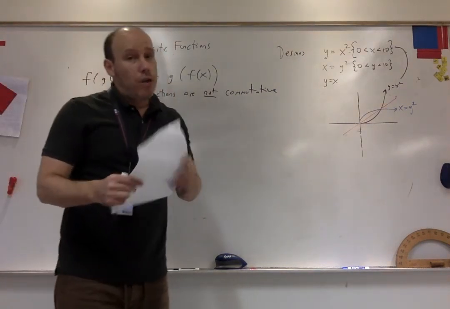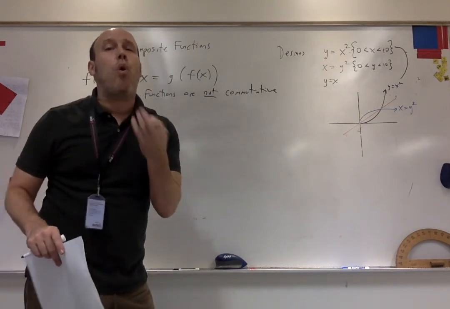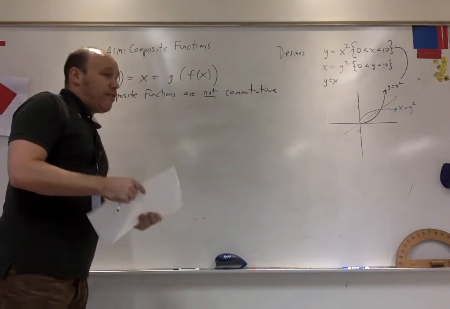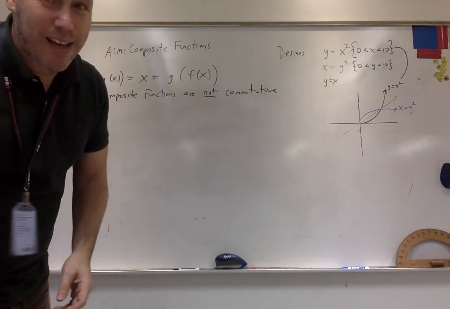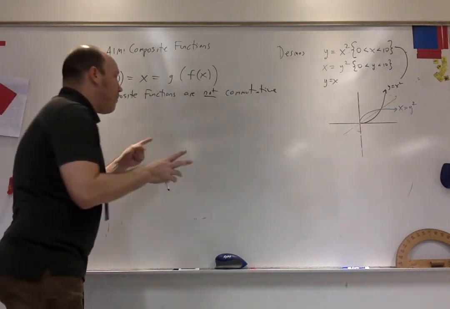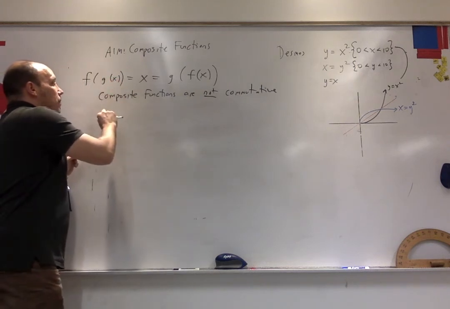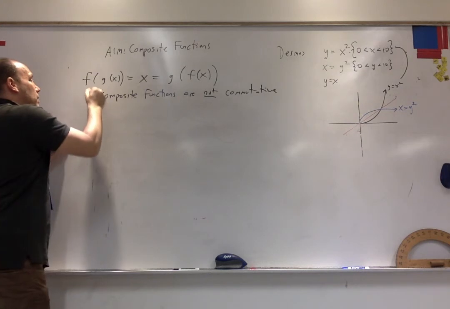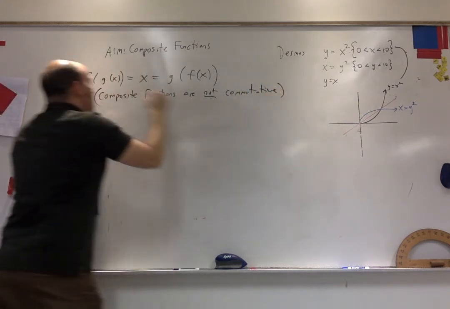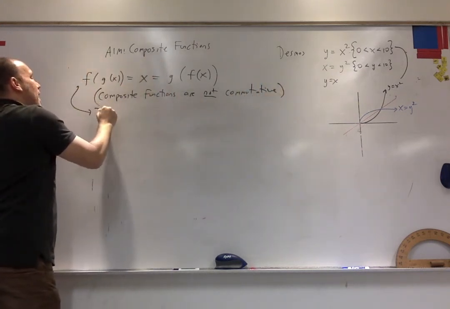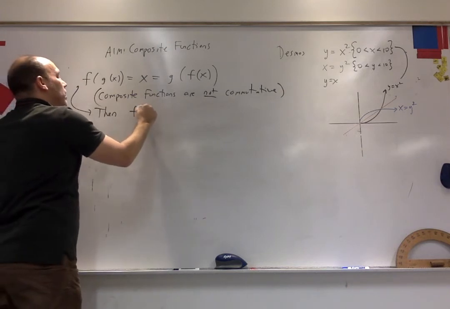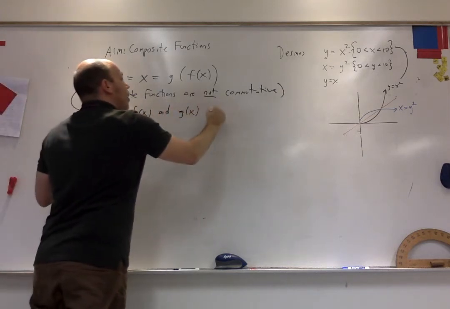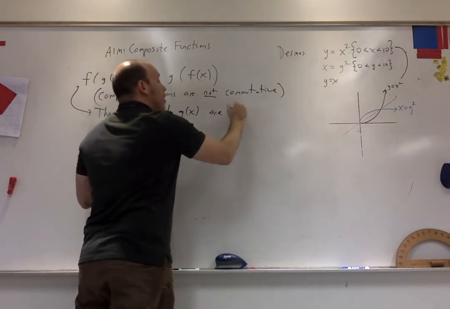Now, of course, in math, there's always exceptions, and this is one of them. It turns out that if you take a composite, so f of g of x equals x, then, side note, f of x and g of x are inverses of each other.